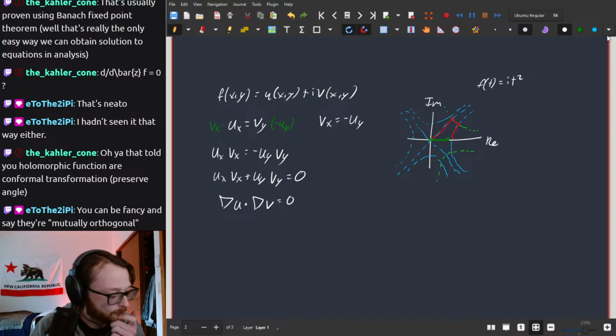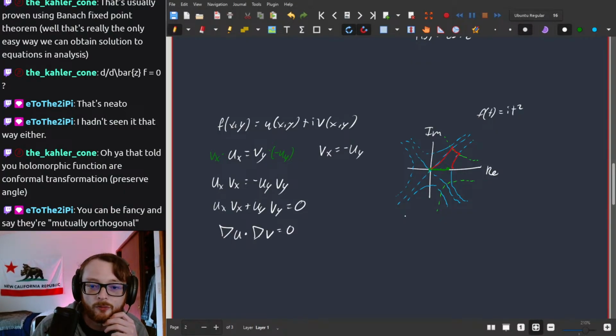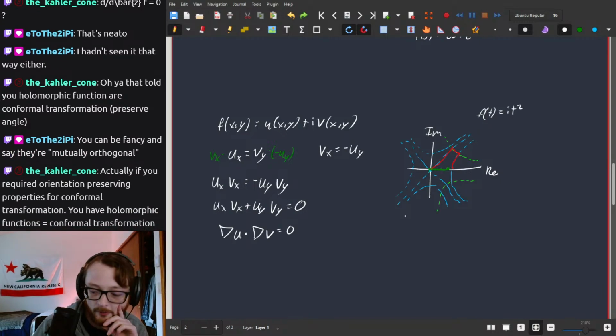But yeah, anyway, that's just a digression. Oh, and actually, the important part of this is that you send this off to infinity, and this little bit here goes to 0.